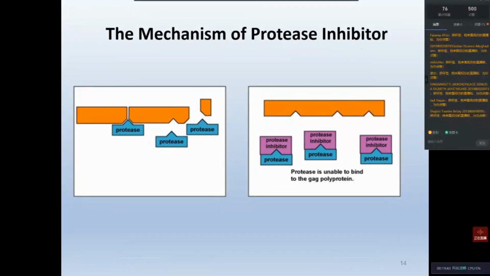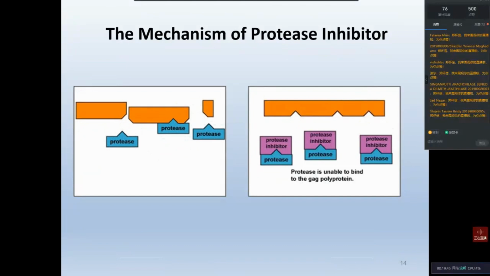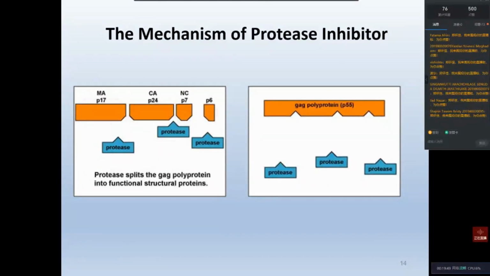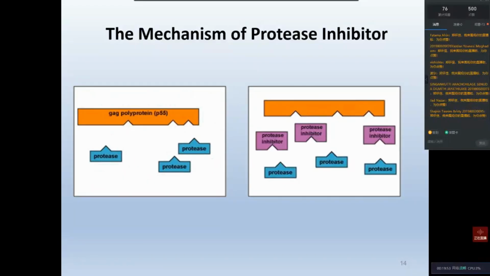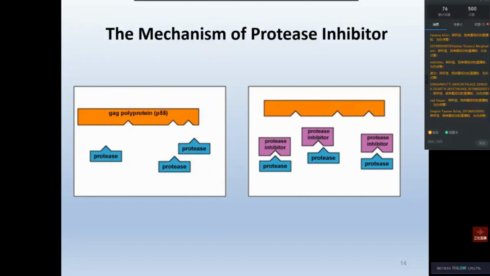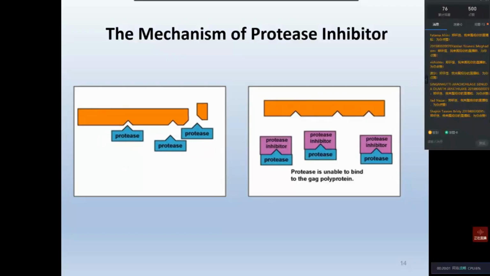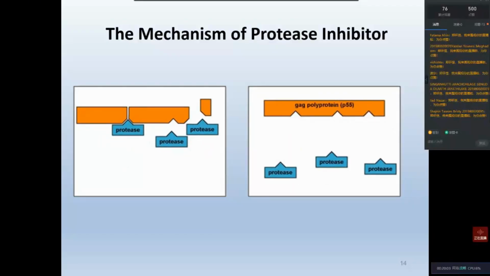But it needs a protease to cut the peptide into pieces so that each piece is a functional protein. Here, the protease comes in to cut the peptide into small pieces. And only these small pieces are functional proteins.